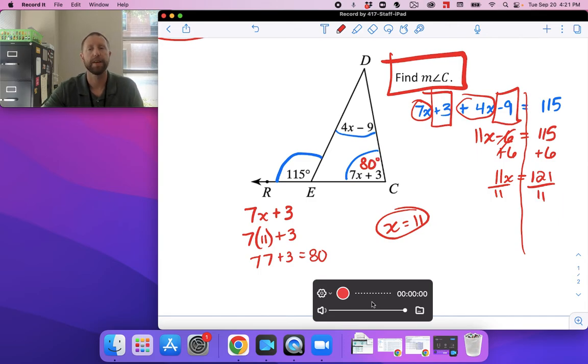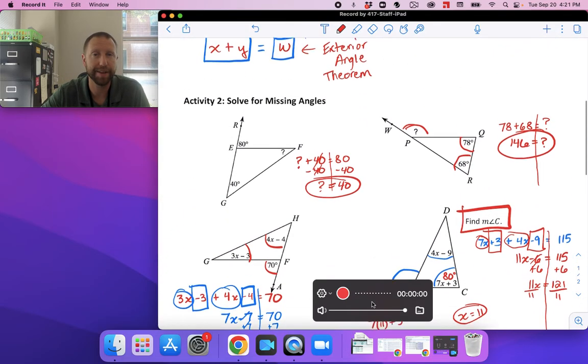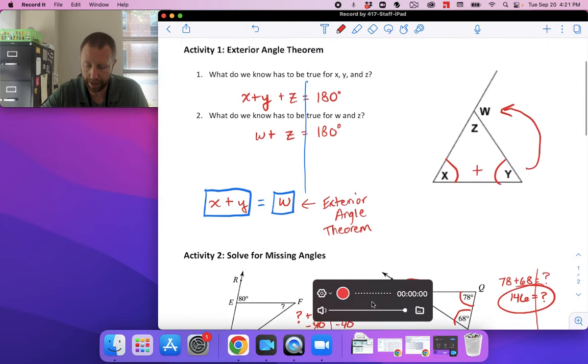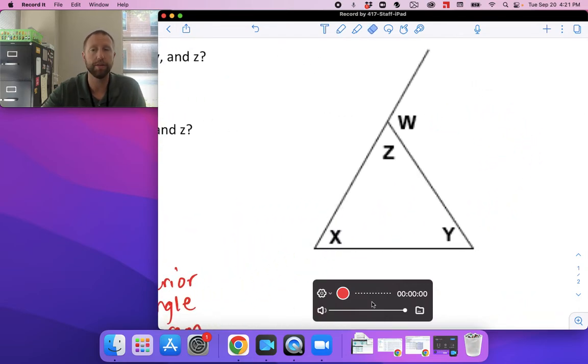Okay. All right, that is it for the lesson. That's it for the assignment. It's basically using, I want to point out this original diagram again. It's basically just saying things that you guys already know. We already know this angle plus this angle plus this angle have to equal 180.